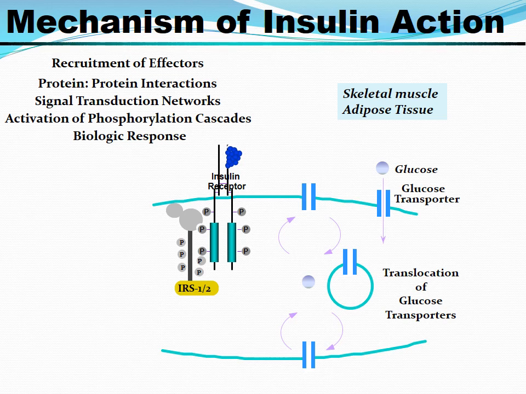The interaction of insulin with its receptor leads to signal transduction with activation of a phosphorylation cascade, and then we will see the biological response. This will lead to the translocation of glucose transporters from inside the cell to the cell surface, with the uptake of glucose into skeletal muscle and adipose tissue.